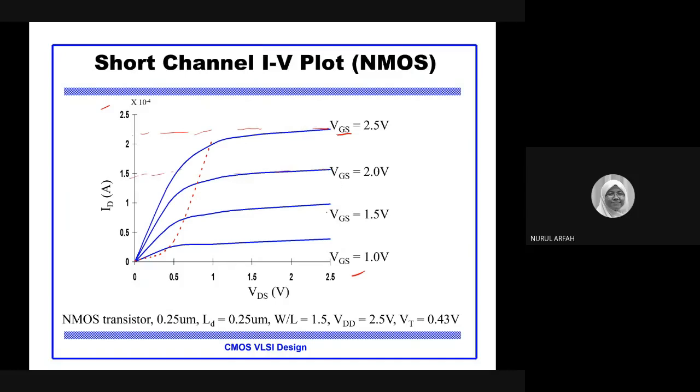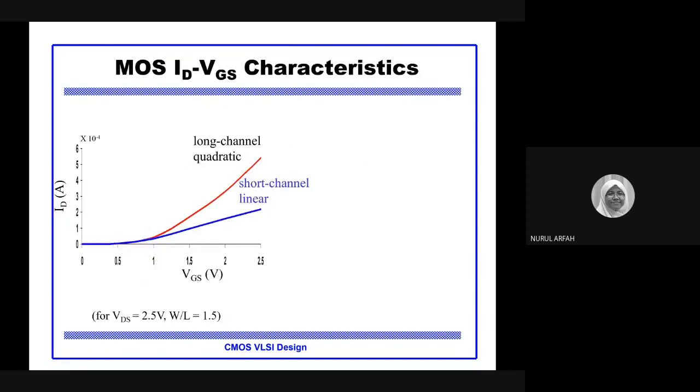So that's why it is linear with respect to VGS. IDS is proportional to VGS. But for PMOS, it will be the reverse.